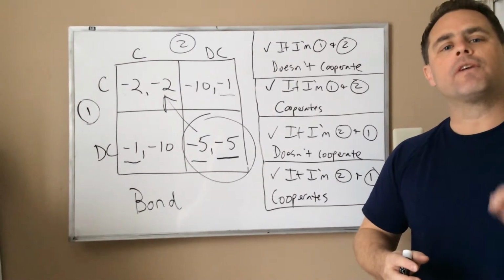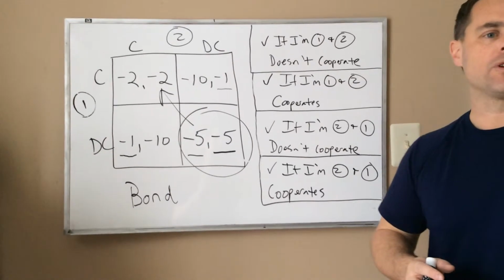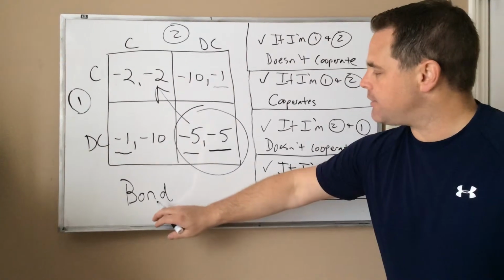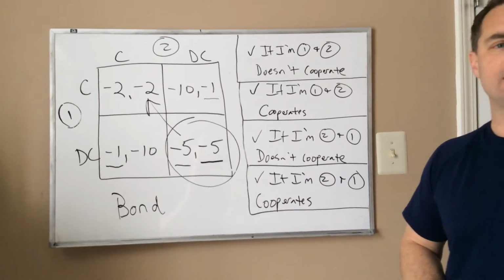We'll go over different types of bonds the next time we meet, when we talk about game theory and do our simulation. So just know that a bond is a type of solution to the prisoner's dilemma. We'll go over that in more detail, but it's not as important.